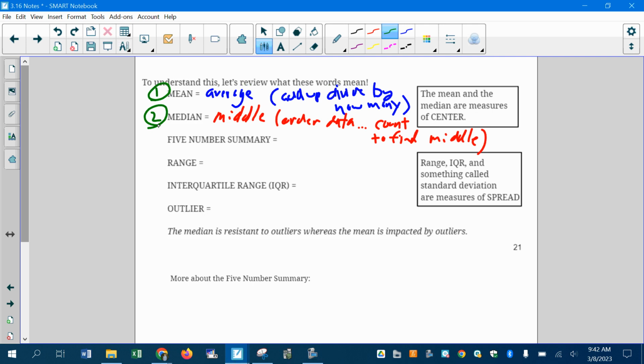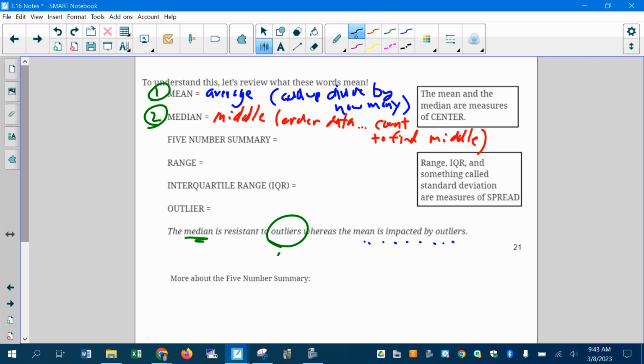The real difference between them is the median is resistant to outliers, and the mean is impacted by outliers, okay? This is an important distinction to make. So I'll give you a quick example.